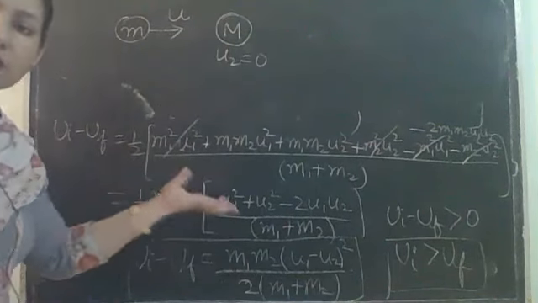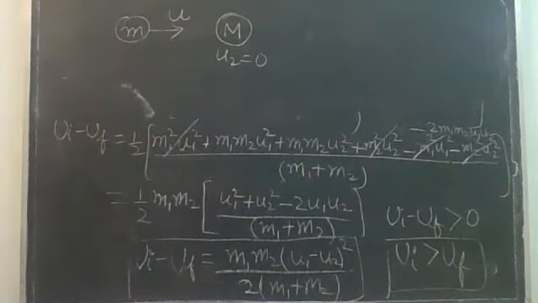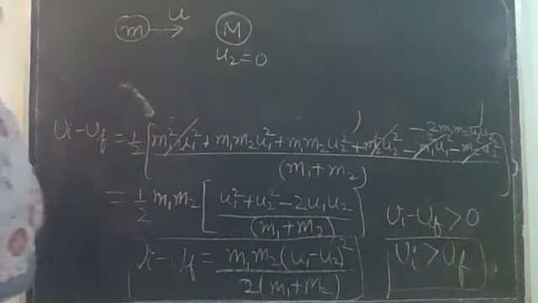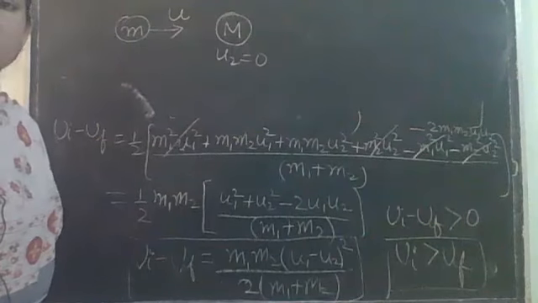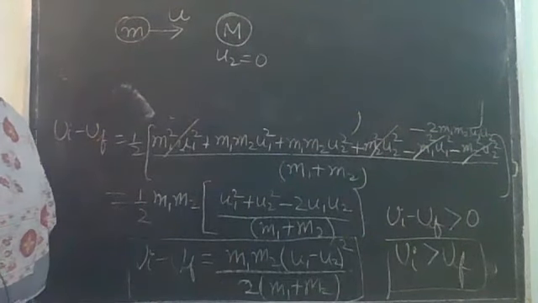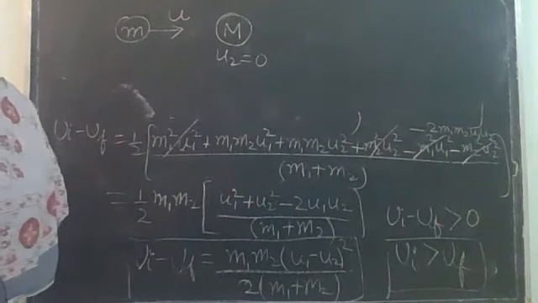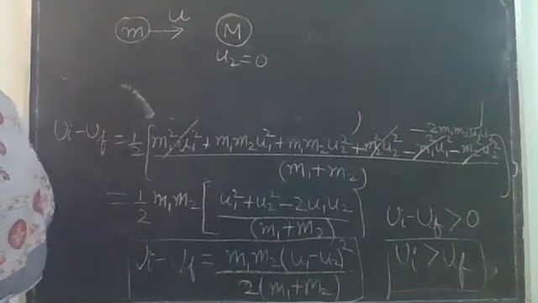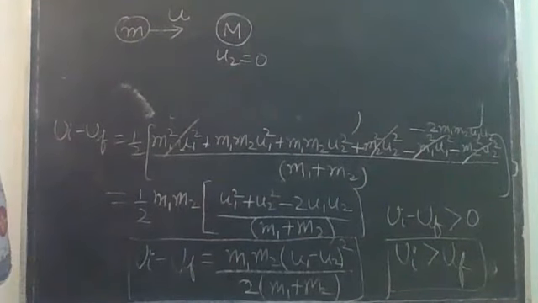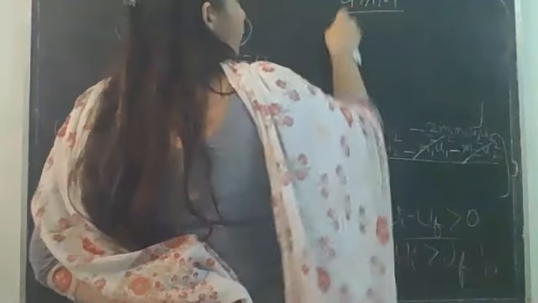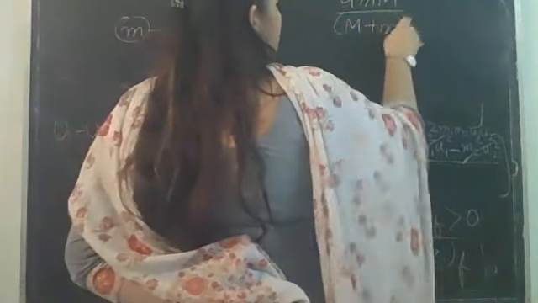We had taken both the objects moving, right? Show that the fraction of kinetic energy of mass small m transferred to the struck particle is 4Mm over (M plus m) whole square.